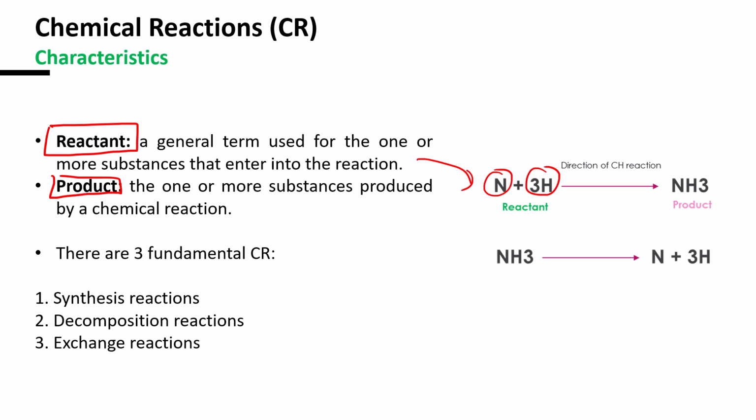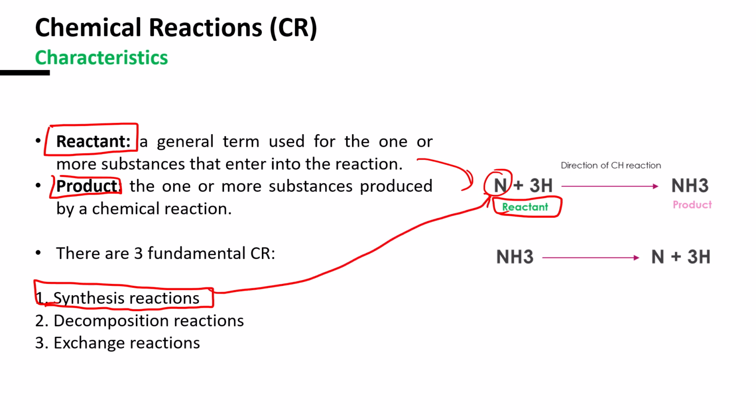We have 3 hydrogen atoms. When they react with each other, they form a product, and you can see that they have been fused, right? This is what we call a synthesis reaction, in which you start from small and you create something that is bigger. That is that type of reaction.